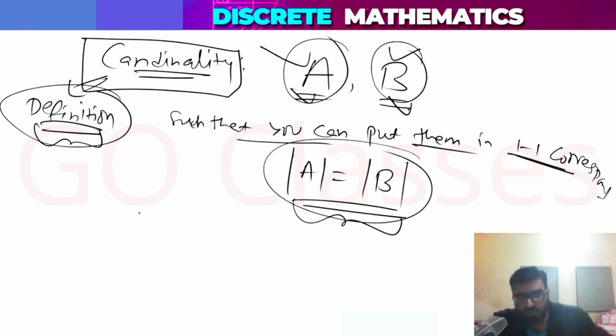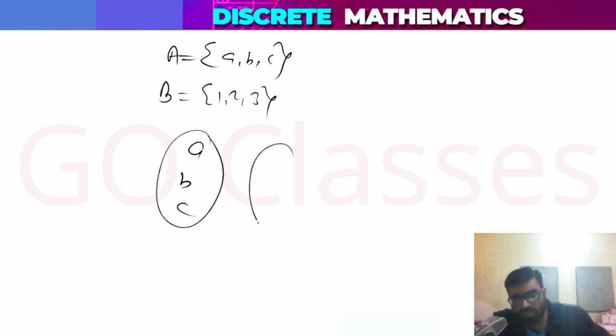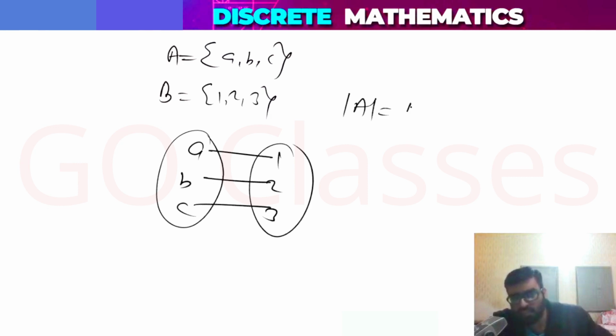For example, a very simple example: if I take this set and this set 1 2 3, then these two sets have equal cardinality. Why? Because I can put them in one-to-one correspondence. So I can say that the cardinality of A is the cardinality of B. This is simple because here we are dealing with finite sets.